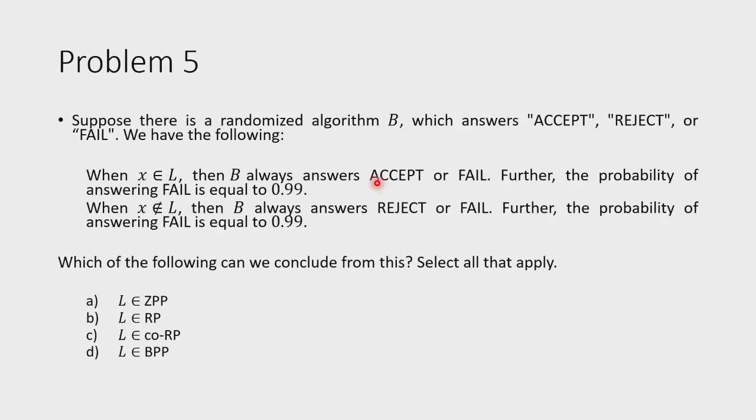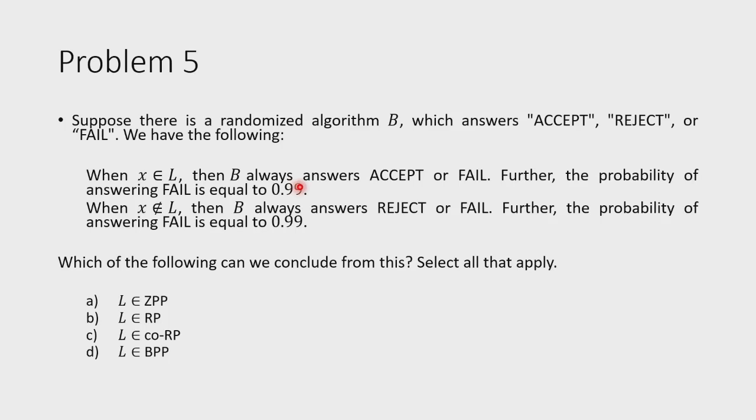If we do this, then using the exact same analysis that we did for RP, we can show that the probability of the new algorithm outputting fail would be 0.99 to the t. So pick an appropriate t. I think about 5 or 6 should do. Then 0.99 to the t would become at most half, right?